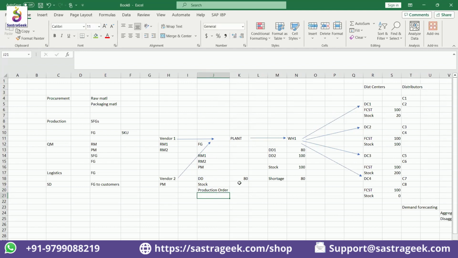If yes, it will net off that demand against these elements. Let's say I don't have any stock, but I already have a production order of 60 pieces running on my shop floor. That means I'm going to produce those 60 pieces. In this case, my shortage would become 20 pieces.